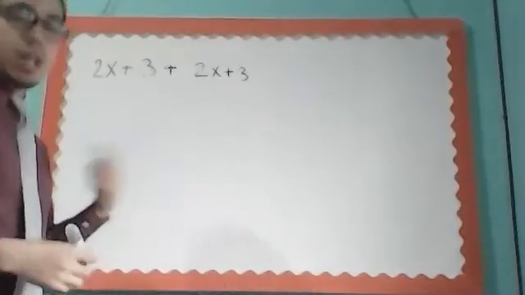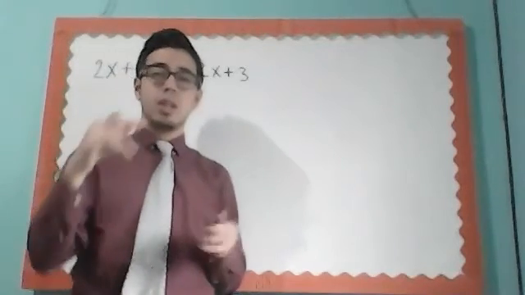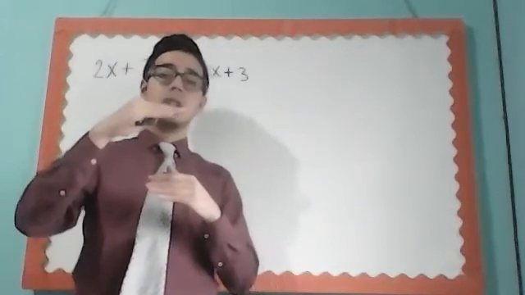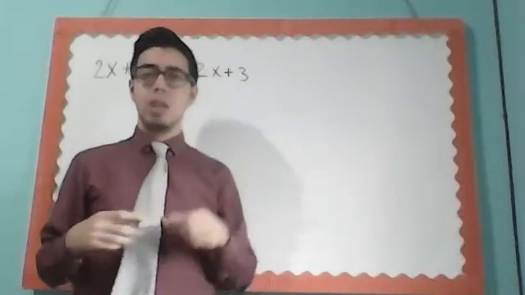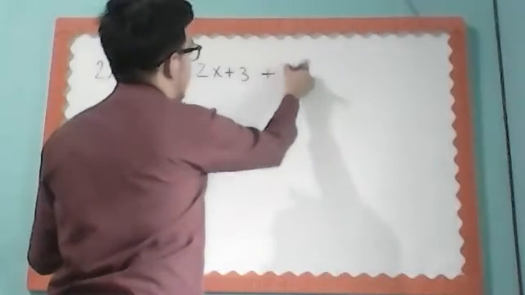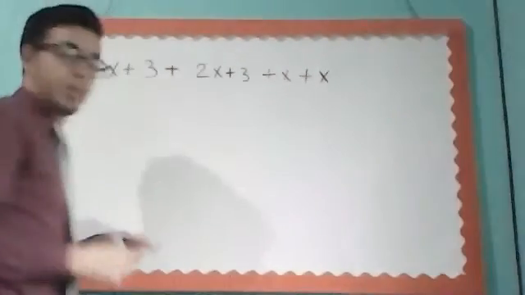This is the other side of the rectangle, the side of the part of the top. You have the part below, 2x plus 3, and you have the part on the top. Remember that they are going to be equal in the rectangle. So plus x plus x. This is for the rectangle.